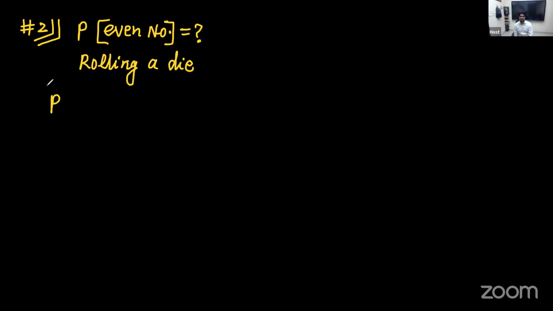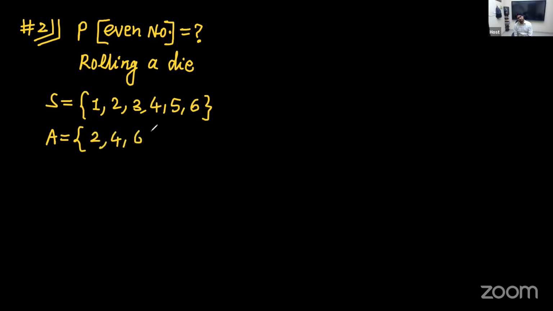Total sample space is 1, 2, 3, 4, 5, 6, and your event contains only 2, 4, 6. So probability of your event is small n upon capital N. Small n is 3, capital N is 6.